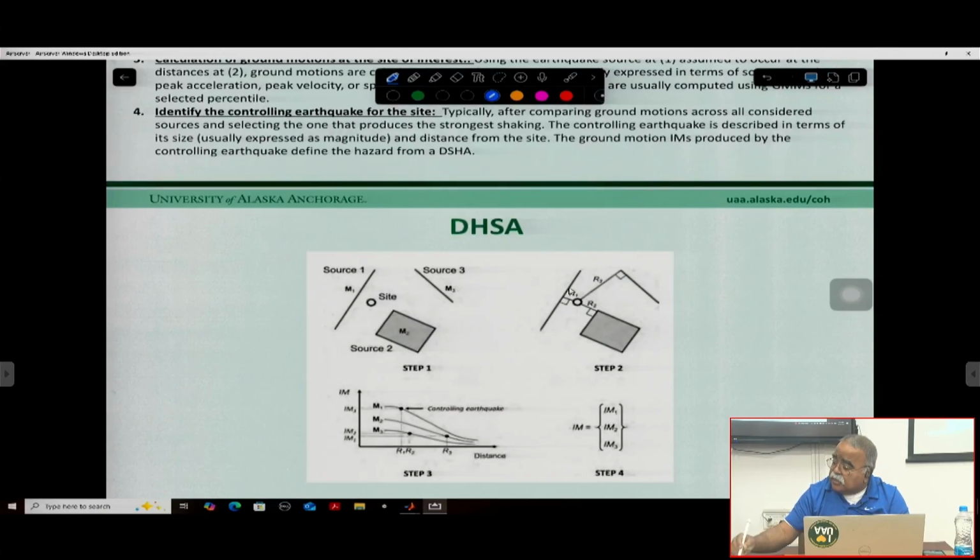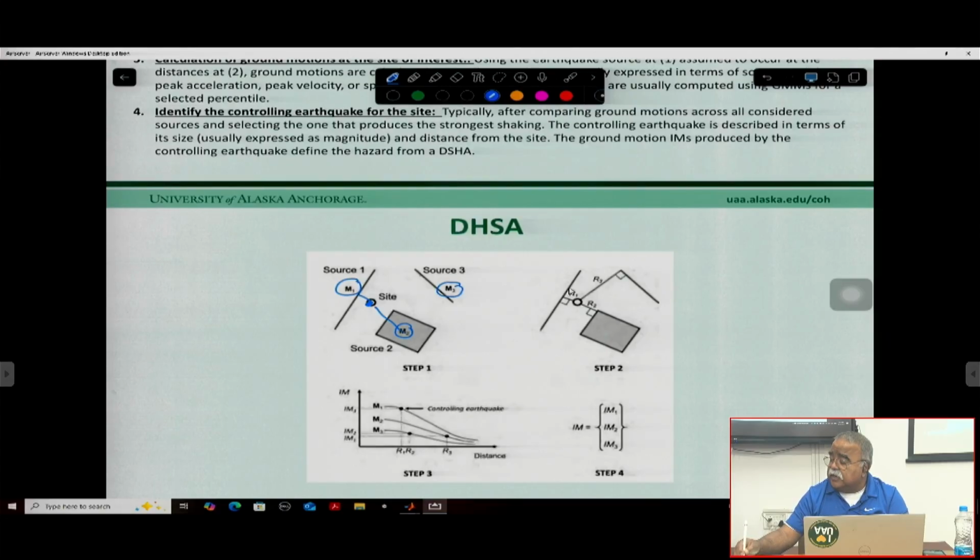Suppose this is the site, located at this much distance from the sources. Say this fault can create an M3 magnitude earthquake, this can create an M1 magnitude earthquake, and this might be the M2 magnitude earthquake.